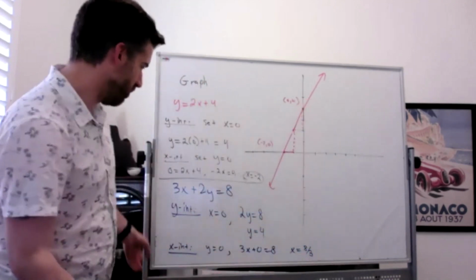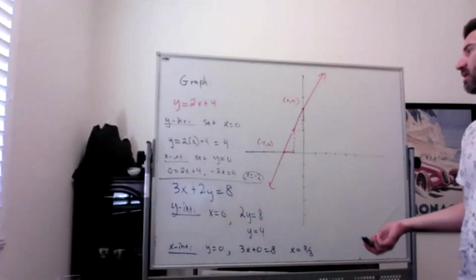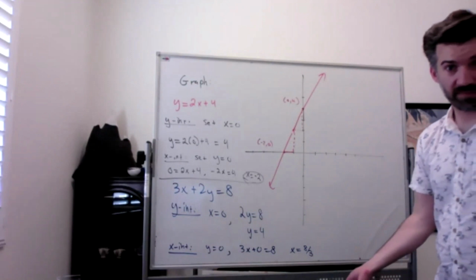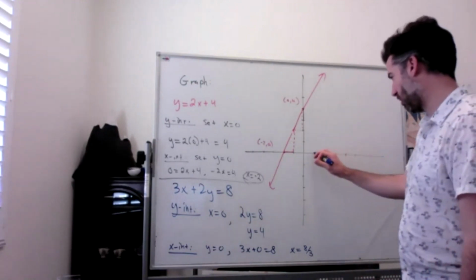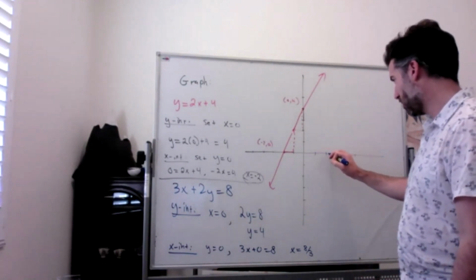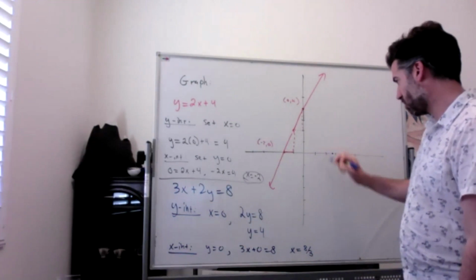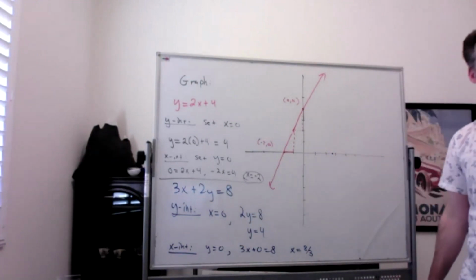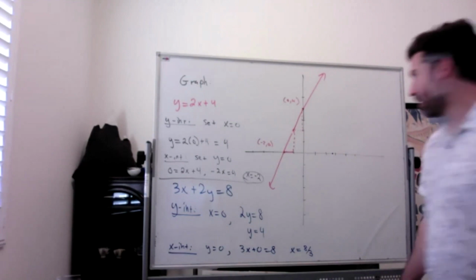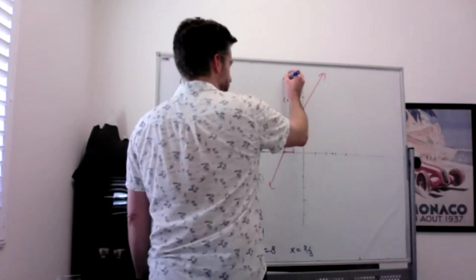And then I have the point 8/3 comma 0. Now, 8/3 comma 0 is not the nicest point to graph, right? It's probably like about right, I don't know, right there. Almost 3, but not quite. And then I'm going to draw the line between them.